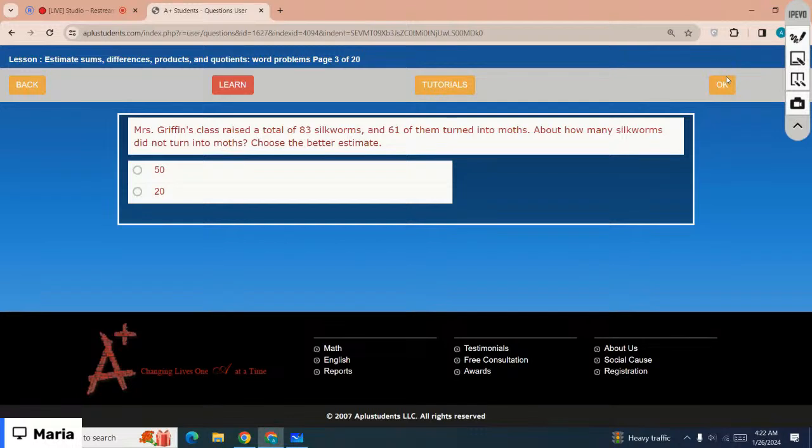Because you round off numbers first. Yes, that is 20. The correct option is 20.